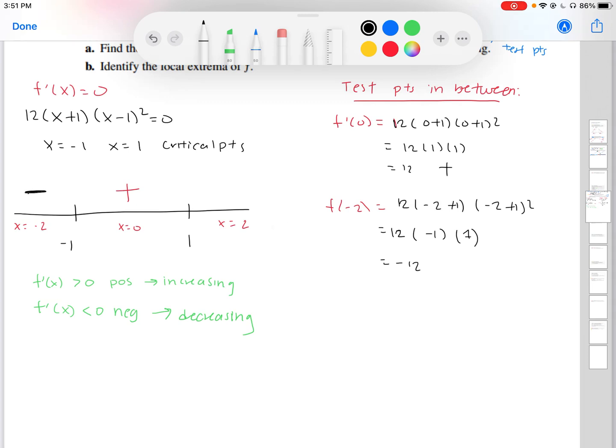And at +2, we're plugging this into our derivative, f prime of 2. Our answer, well, let's figure this out. 12 times -2 plus 1, -2 minus 1 squared. We get 12 times -1, -3 squared, which is 9.